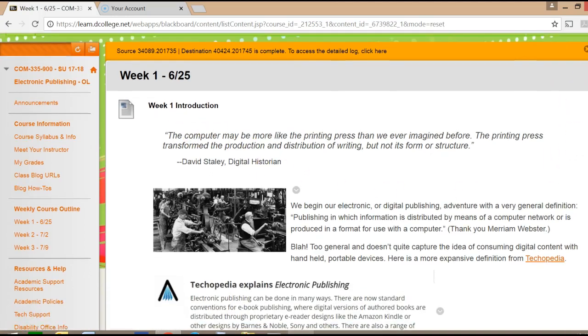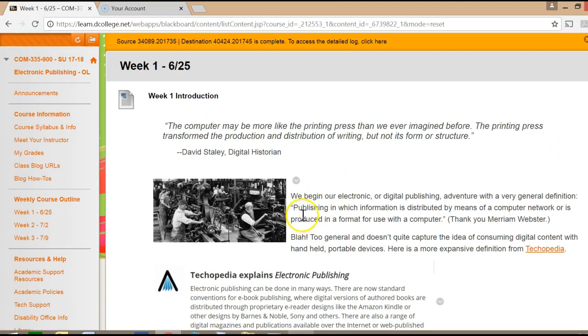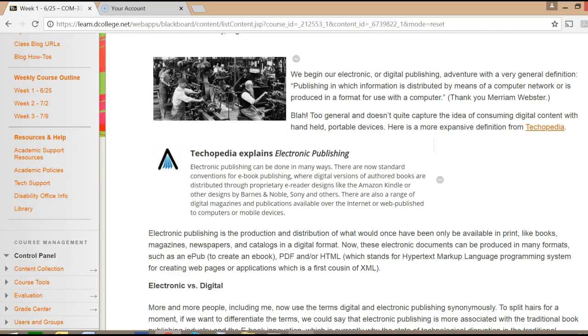So we have a very general definition. It really is publishing in which information is distributed by means of a computer network or is produced in a format to use with a computer. That's so general, right? And now it's not just with a computer, but with devices. And so let's look at the better definition, and that comes from Techopedia. So it's ebook publishing, where there's digital versions of authored books distributed through e-reader designs like the Kindle or the Nook.